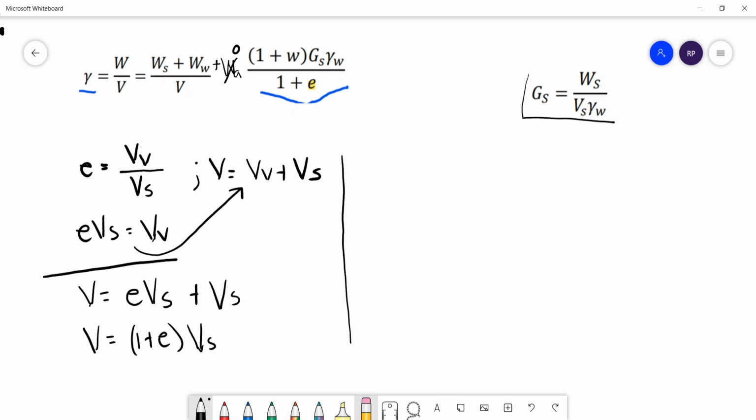So punta tayo, balik tayo sa equation, sa real equation dito. So rewrite ko lang, guys. So that is unit weight equal to Ws plus Ww all over V. And then substitute lahat natin yung nagawa nating equation dito.